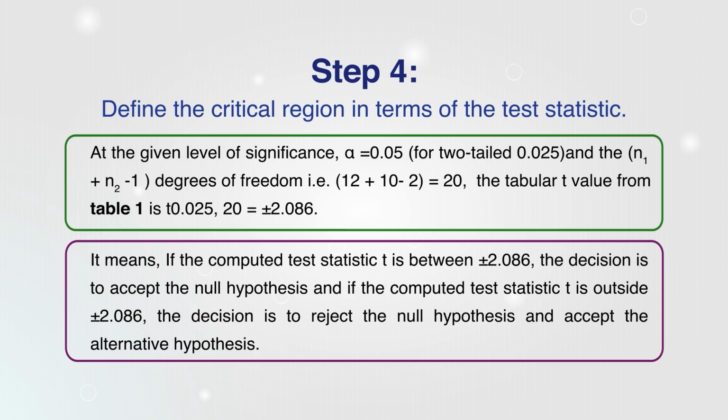The tabular t value from the table is plus minus 2.086. It means if the computed test statistic t is between plus minus 2.086, the decision is to accept the null hypothesis, and if the computed test statistic is outside plus minus 2.086, the decision is to reject the null hypothesis and accept the alternative hypothesis.